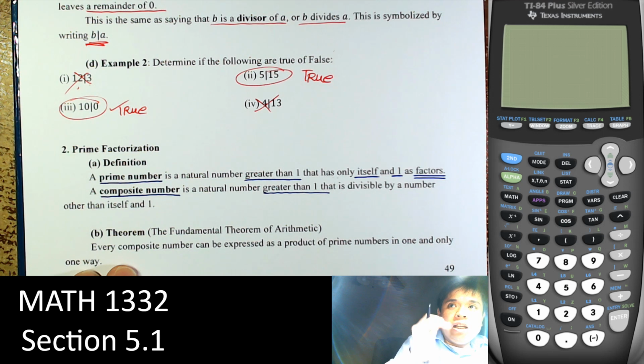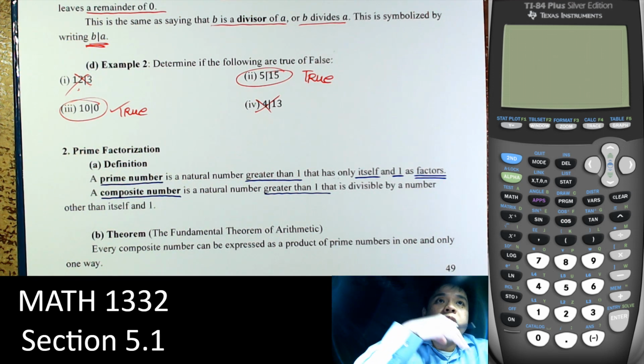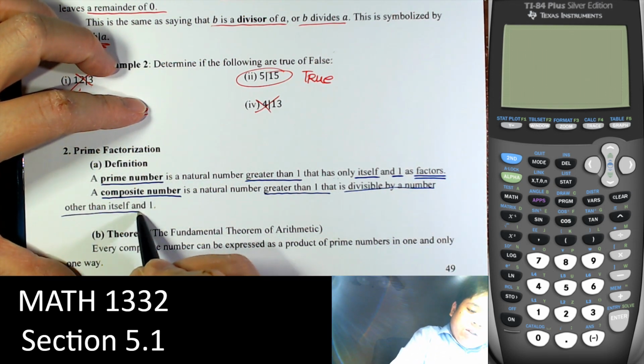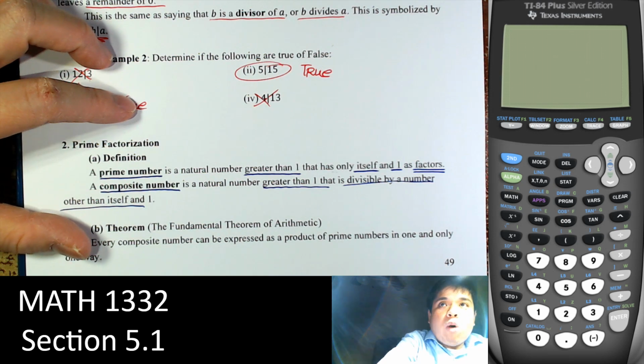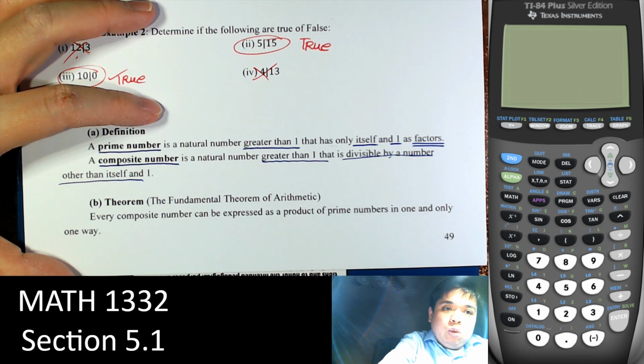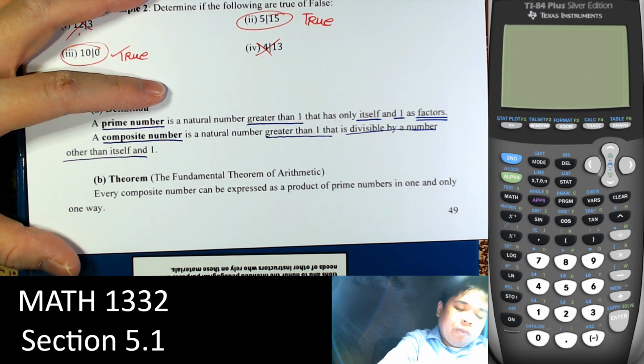So if it is greater than 1 and not prime, then it is a composite number. Prime is only divisible by 1 and itself.